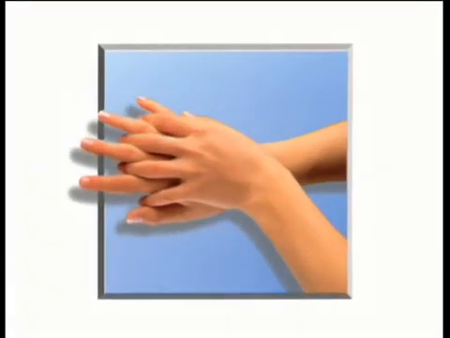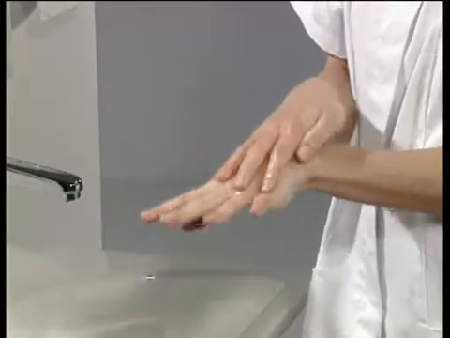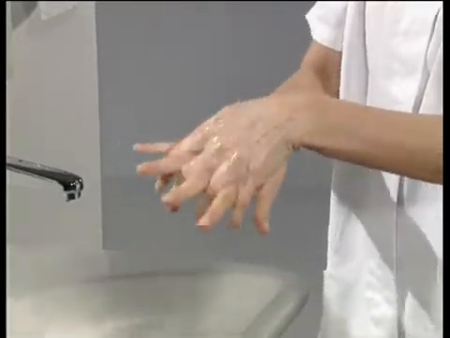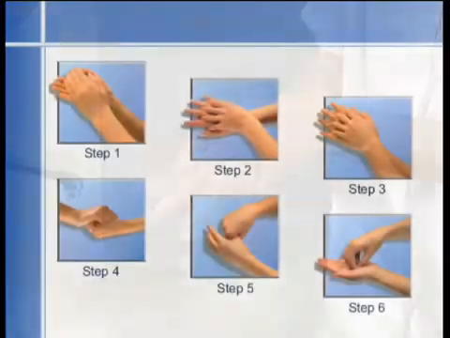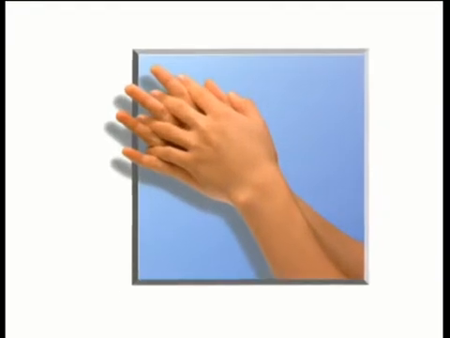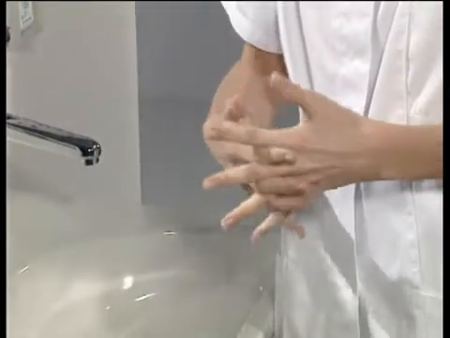Then rub the backs of the hands and the spaces between the fingers by alternately pulling the fingers through those of the other hand to cover them with disinfectant. Then rub the hands palm to palm with interlaced fingers to cover and disinfect them.